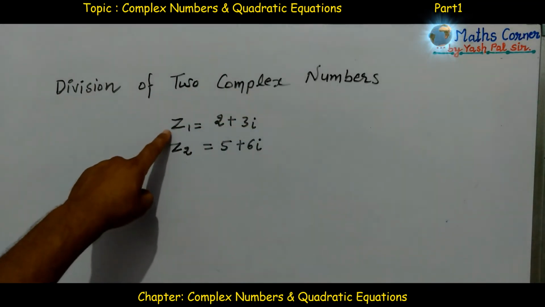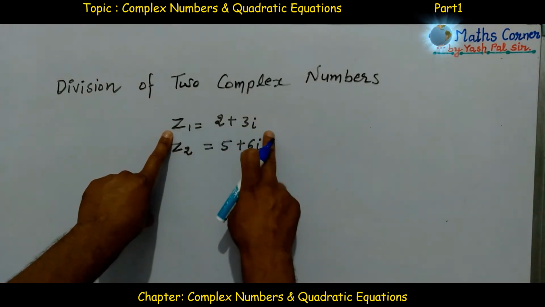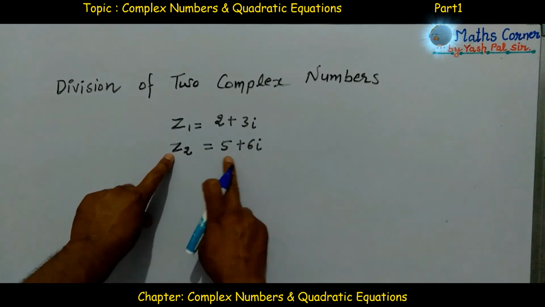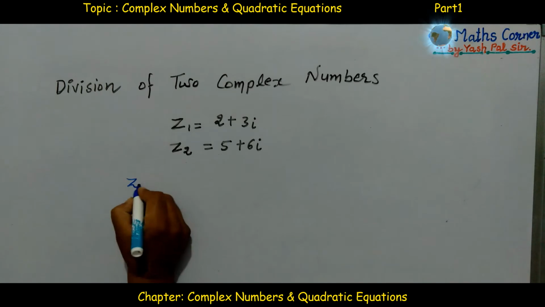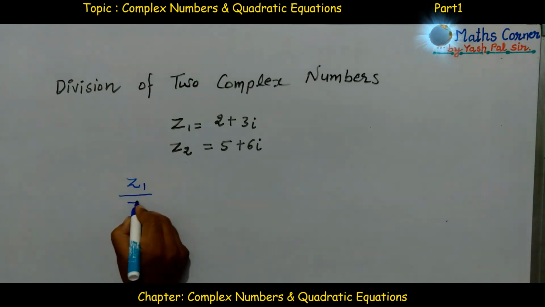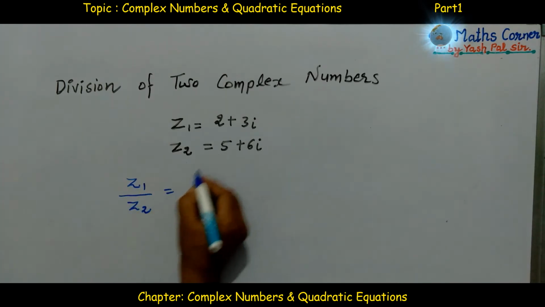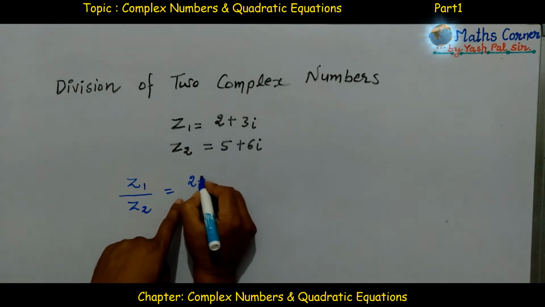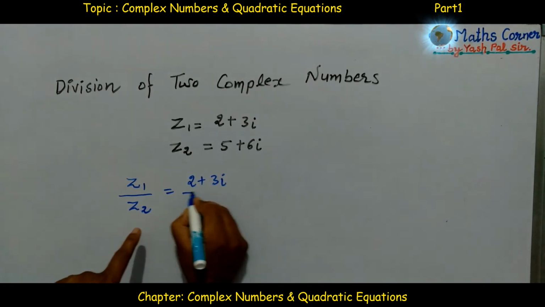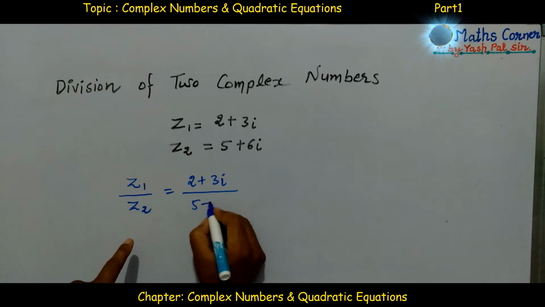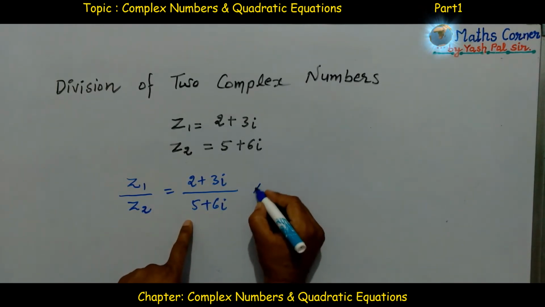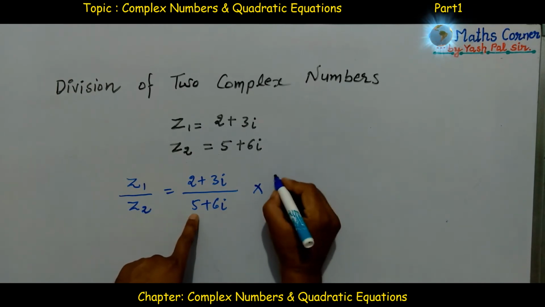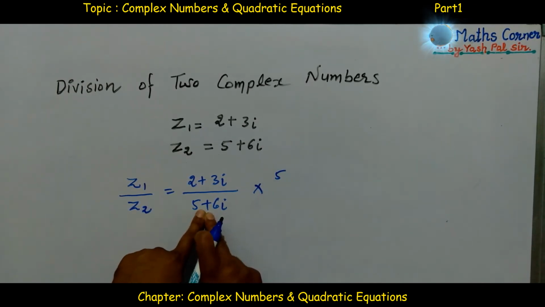Suppose z1 is the complex number 2 plus 3 iota, z2 is 5 plus 6 iota. Now how to divide? We write it as z1 divided by z2. This is equal to, on the right hand side, 2 plus 3i divided by 5 plus 6i. Now the next step is we write the denominator 5 but with changed sign.